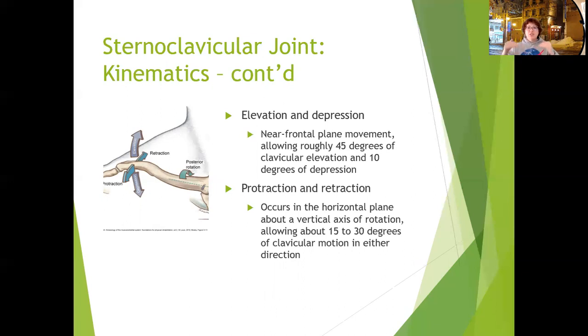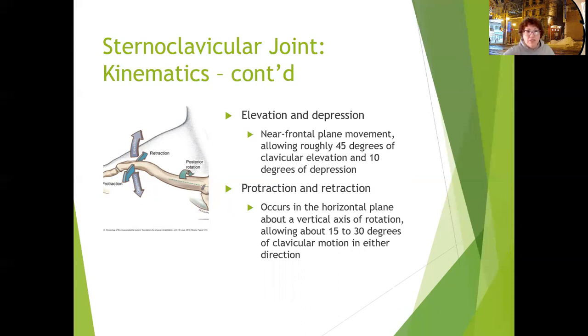Protraction and retraction occurs in the horizontal plane about a vertical axis of rotation. The protraction and retraction is like the acromial tips of the scapula moving anteriorly and posteriorly. So it's a rotation around a vertical axis going through the sternoclavicular joint.